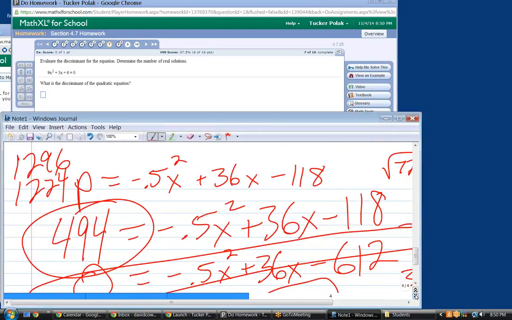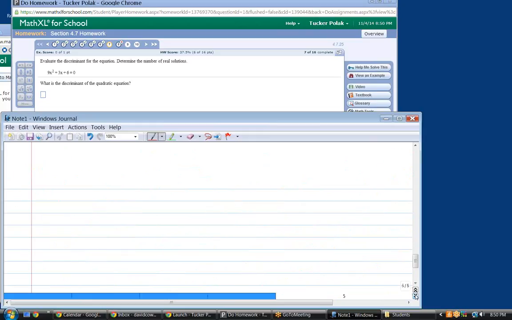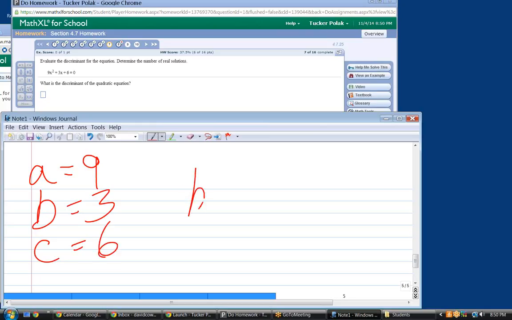What is the discriminant here? What's A? 9. What's B? 3. C? 6. So what is B squared minus 4AC equal to? That'd be 3 squared minus 4, 9, 6.